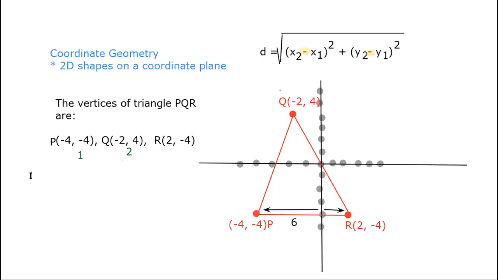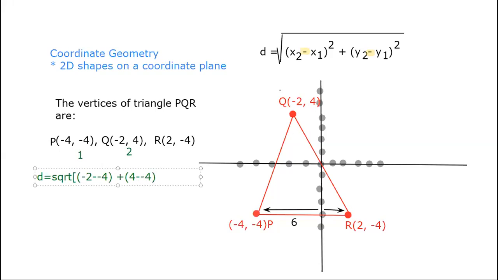So the distance is square root of all of this. X2 is going to be -2 minus X1, -4, plus Y2, that's the Y part of point number 2, and I numbered Q as number 2, minus Y1, which is the Y value of point number 1.